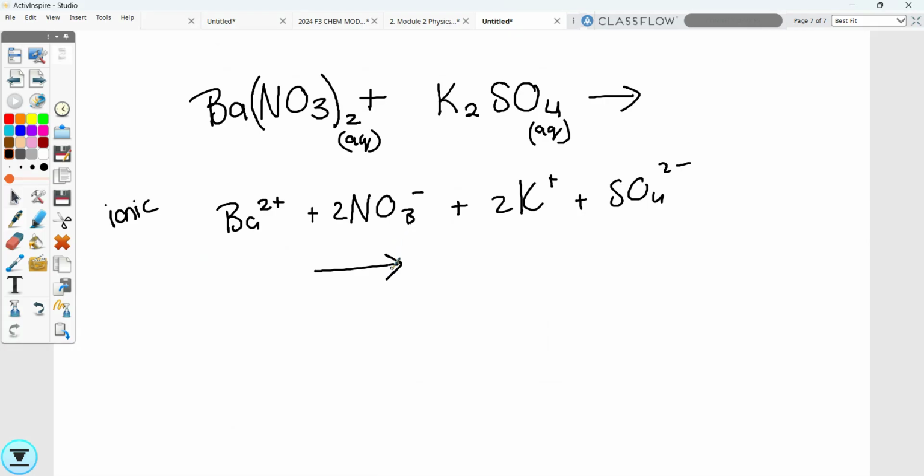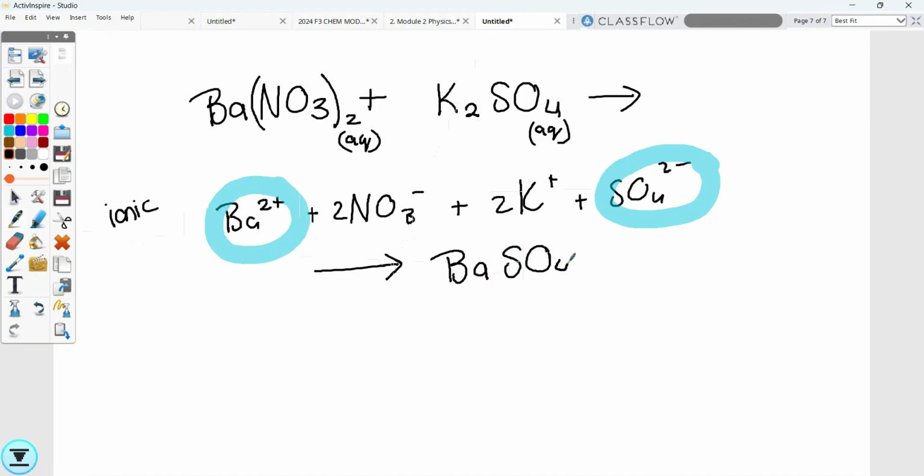The SO4. So now what you're going to do is you're going to say, fine, my Ba is going to drag down the SO4. So you just join them and you make them a solid. So that is going to be BaSO4, and you put the solid. So they're not swimming anymore, they're not aq anymore, they're on the bottom of the beaker.